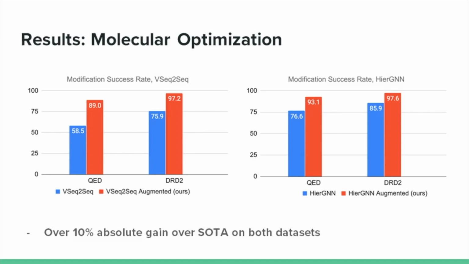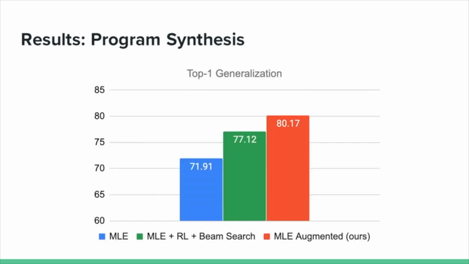And in each chart, the base architecture is in blue, and our augmentation of that architecture is in red. You can see we substantially improve over the base architecture success rate on both tasks, achieving new state-of-the-art by over 10% in absolute gain on both tasks. And these results also demonstrate that our method is both agnostic to and complementary to improvements in the base model architecture.